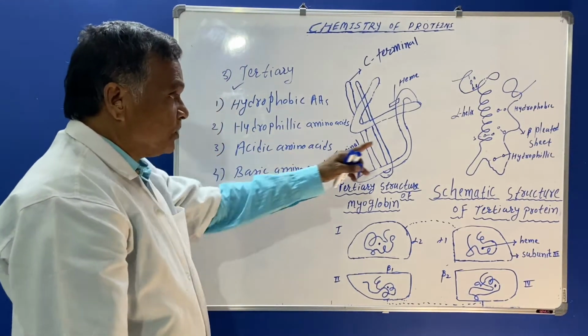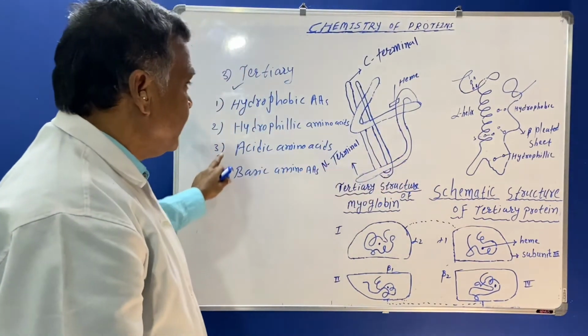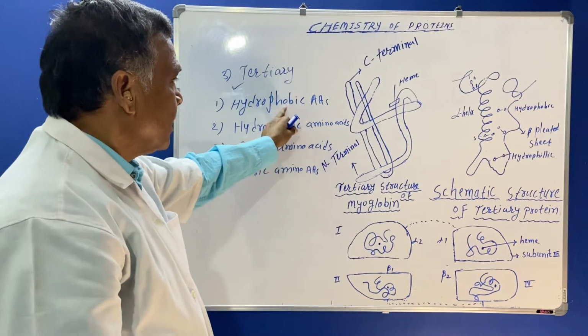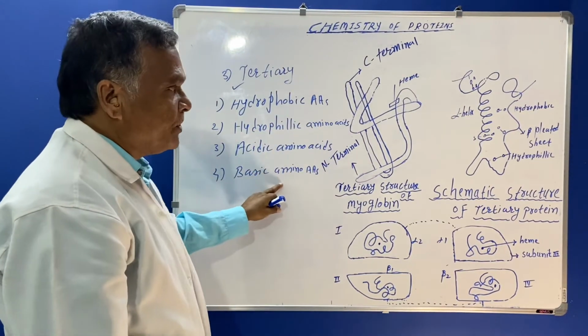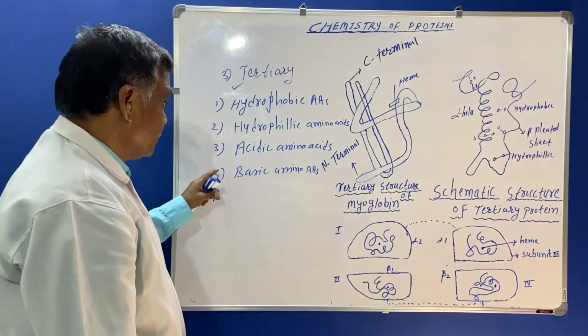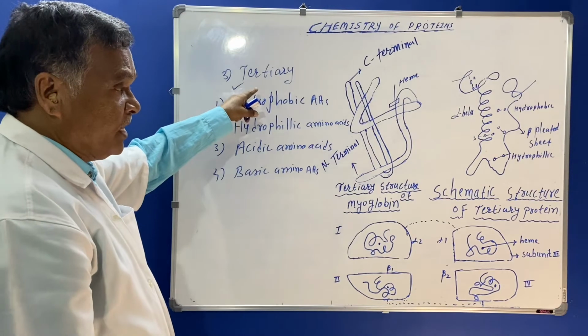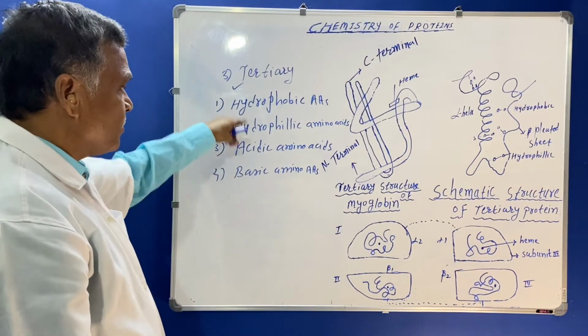So the tertiary structure of the protein will contain hydrophilic amino acids, hydrophobic amino acids, acidic amino acids, and the basic amino acids. So you must know that the structure of the protein in tertiary form will contain these types of amino acids.